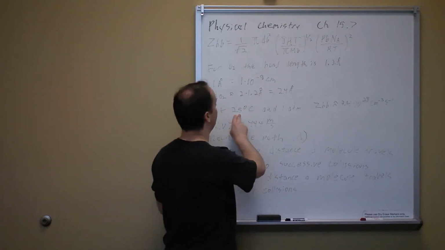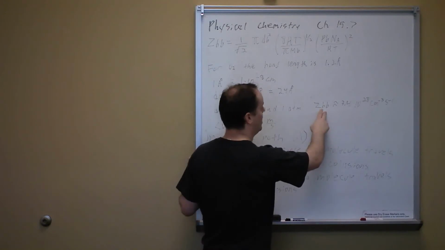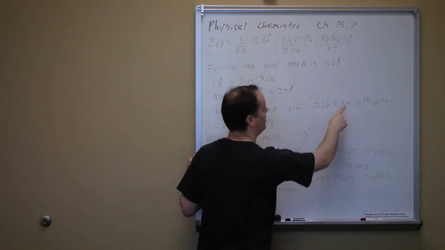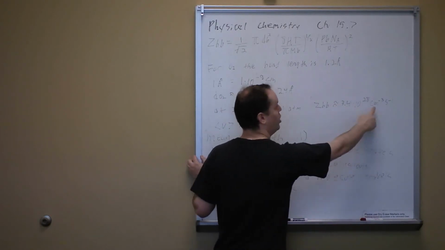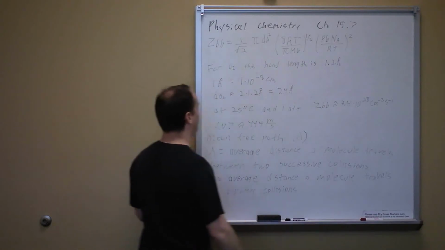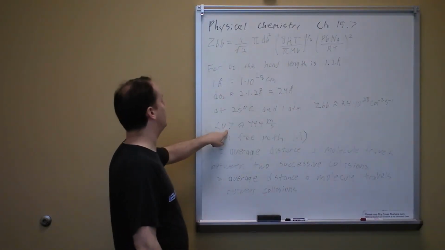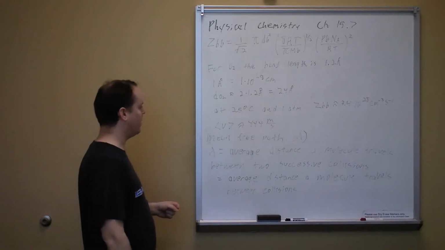Assuming we're at 25 degrees Celsius, roughly room temperature, and just 1 atm, the collision rate of oxygen molecules with other oxygen molecules is about 3.4 times 10 to the 28 collisions per cubic centimeter per second. And for reference, the average speed of oxygen molecules at room temperature would be about 444 meters per second.